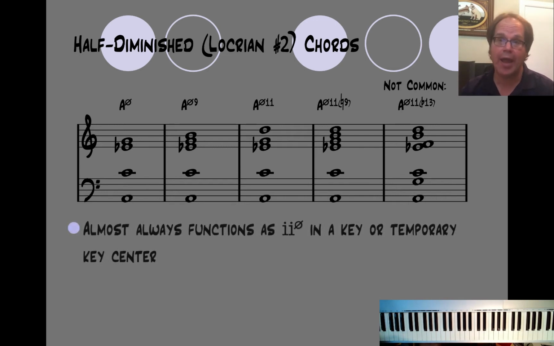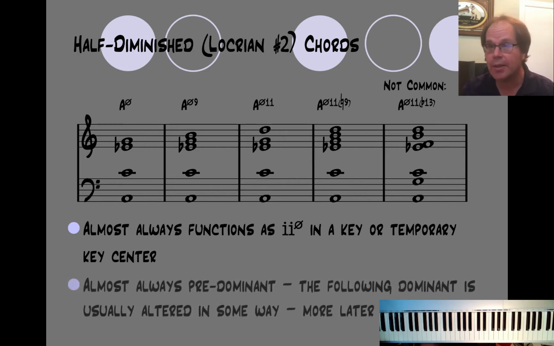A half diminished chord almost always functions as the 2 in a minor key or a temporary key center. Or, a lot of times we will borrow the 2 from minor to go to a major chord or vice versa. So, sometimes they're interchangeable. That's what the beboppers tended to do a lot, is they would sometimes play half diminished sounds on just the regular 2 minor 7 chords.